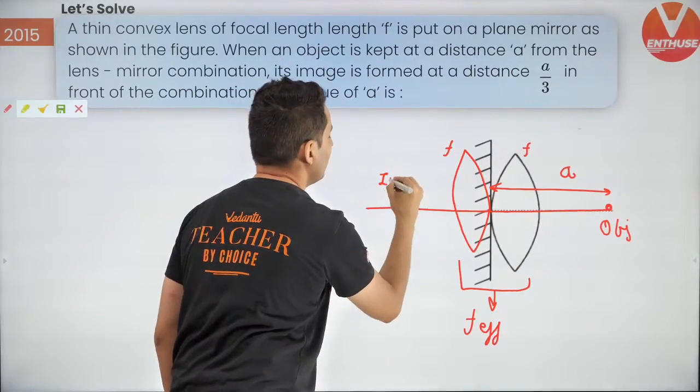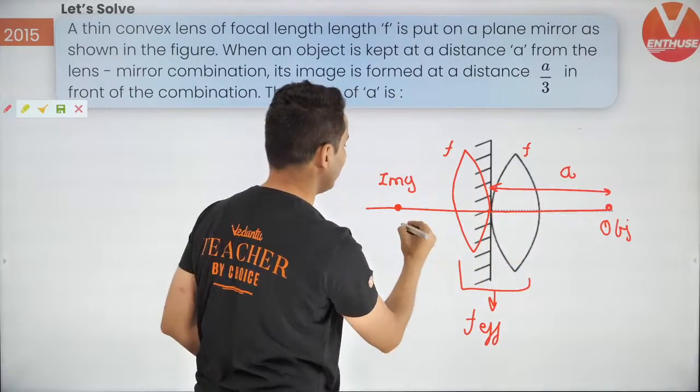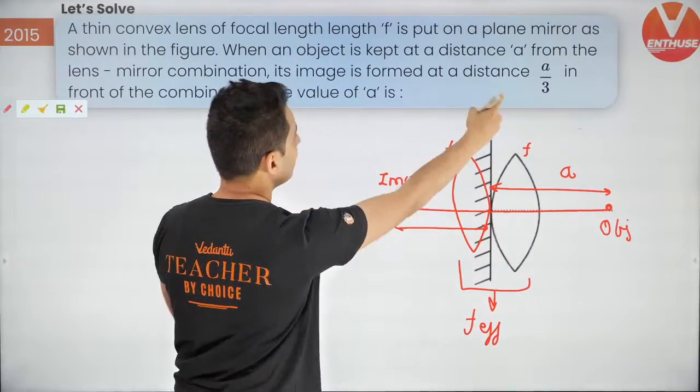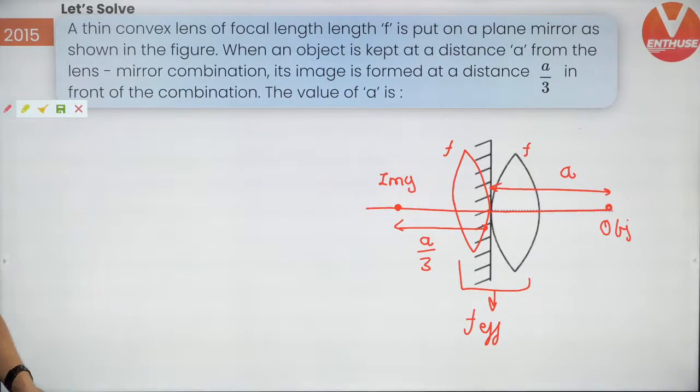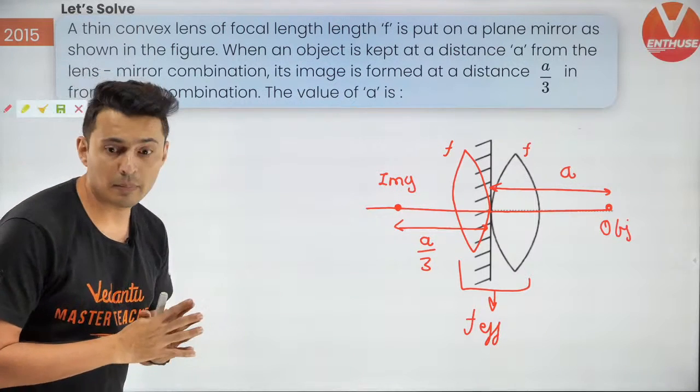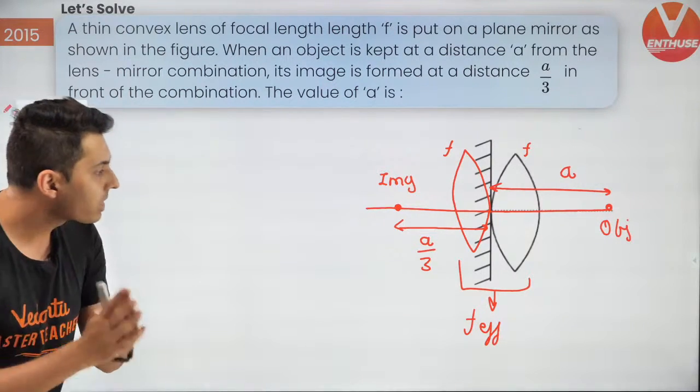But actually when I close it back, it will be formed over here, and this distance is given to be a/3. I hope this is clear. Everybody understanding this particular concept? Yes, everyone clear? Cool.